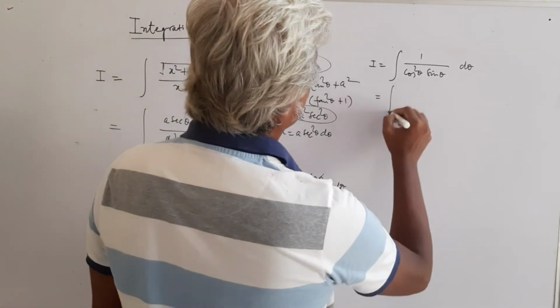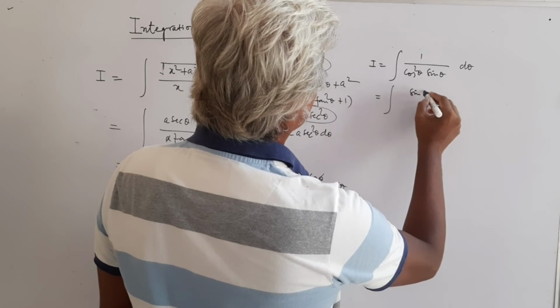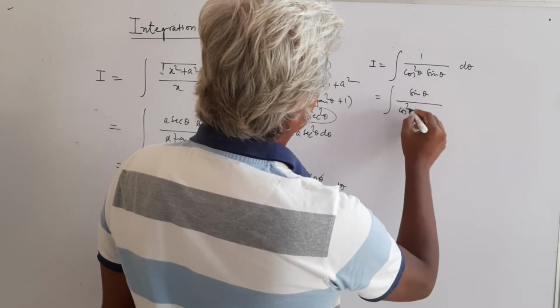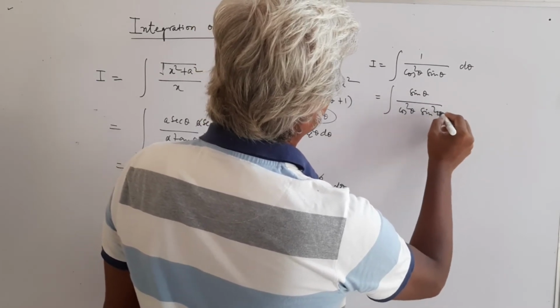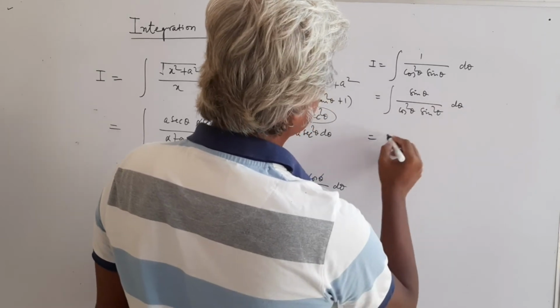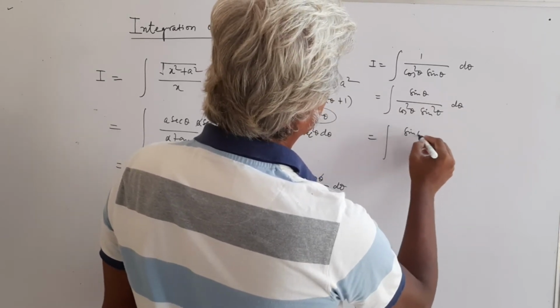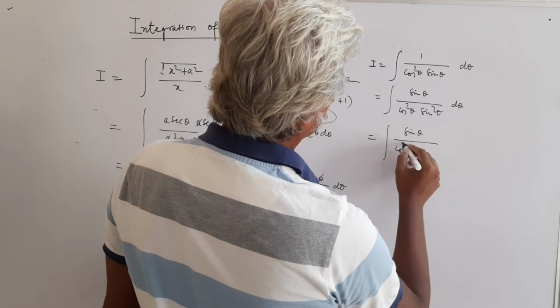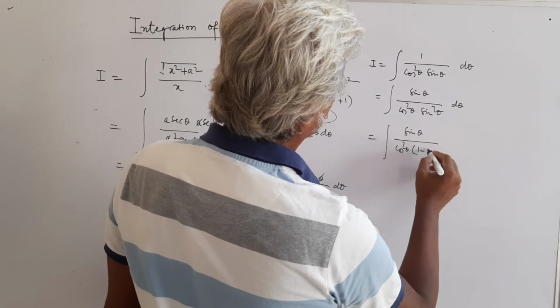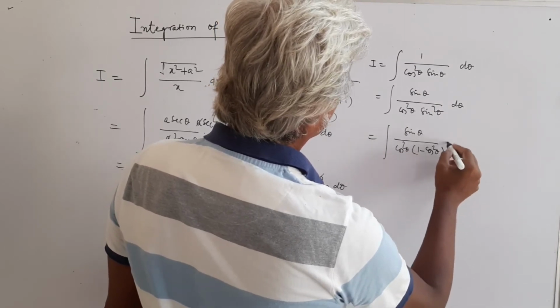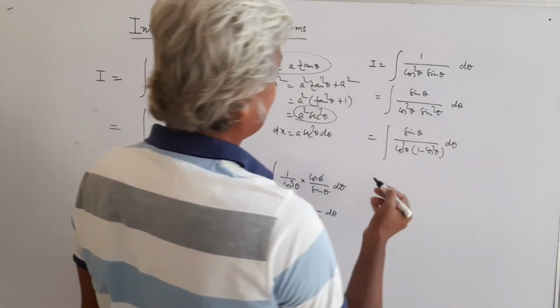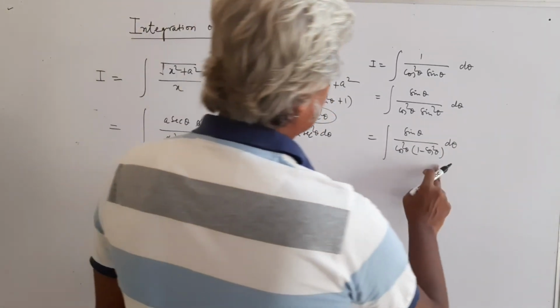How? So let's see. So here I multiply sin theta up and down. So this is cos square theta sin square theta d theta. That is integration of sin theta over cos square theta into 1 minus cos square theta d theta. I say now let cos theta be t.